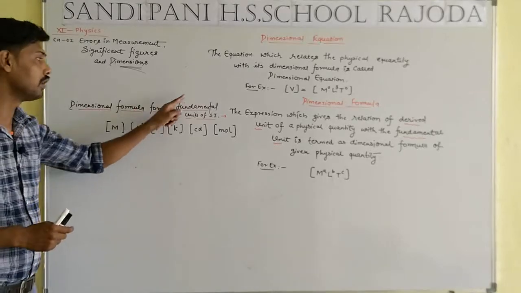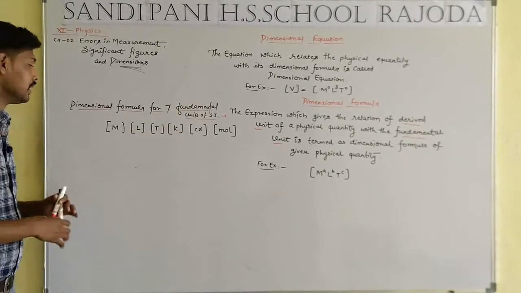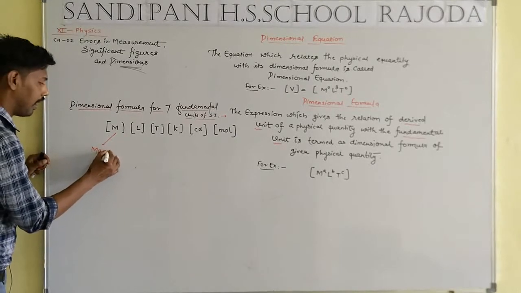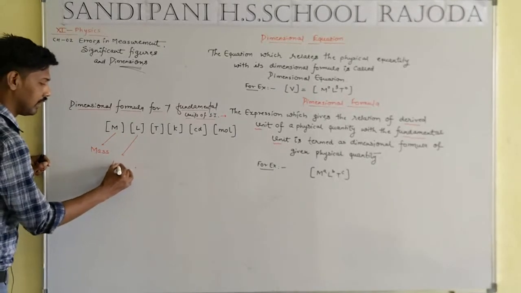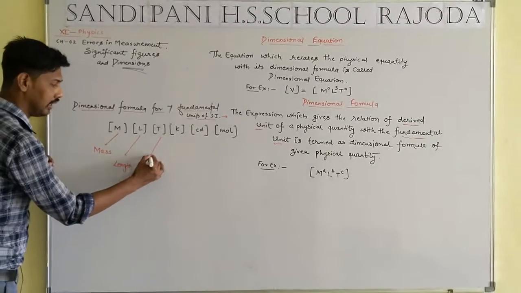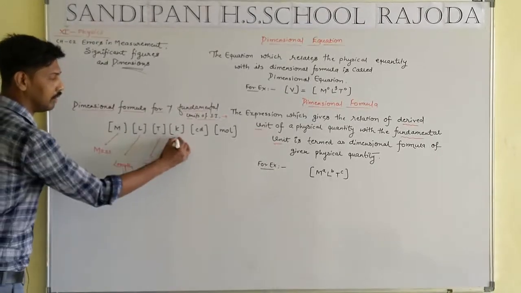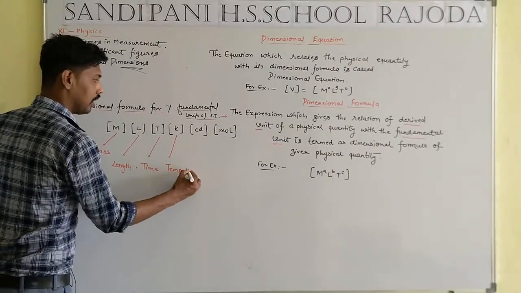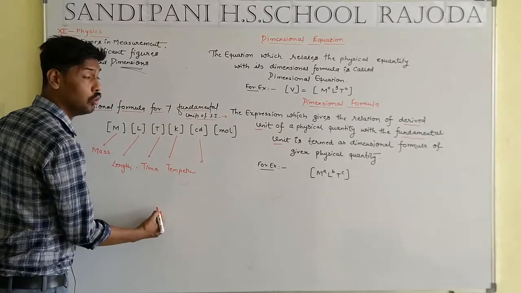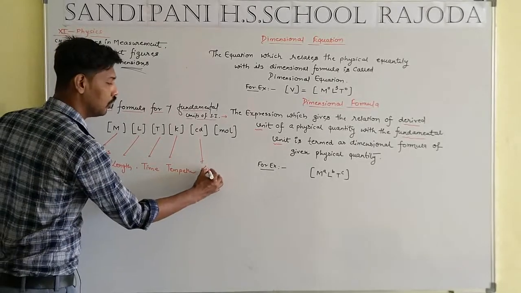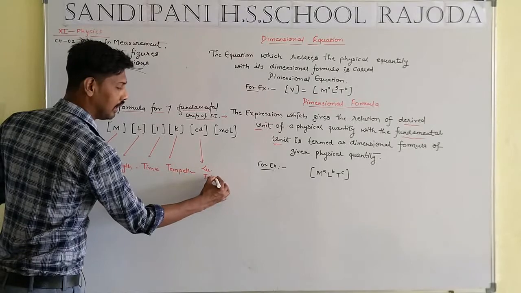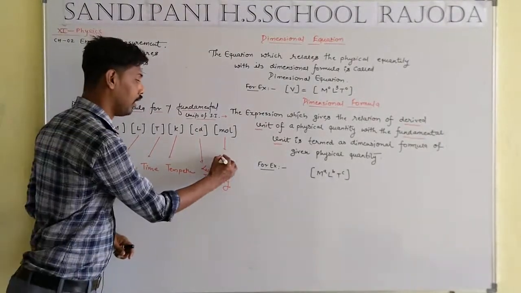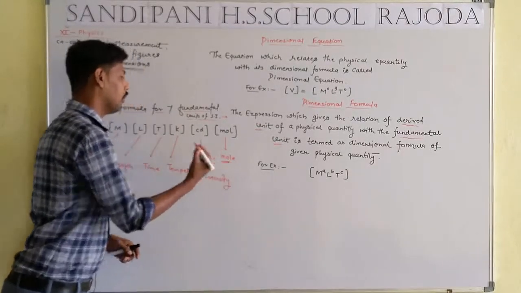M represents mass, L represents length, T represents time, K represents temperature, CD represents luminous intensity, and finally the last one, MOL, that means mole.